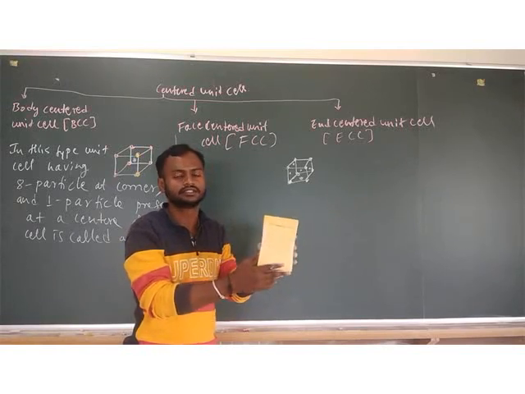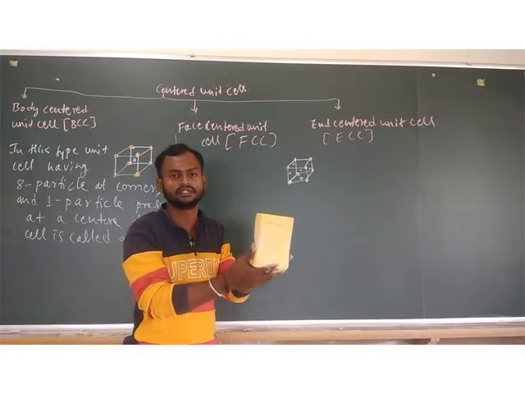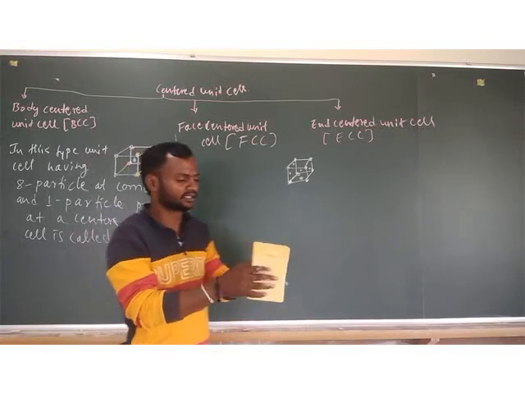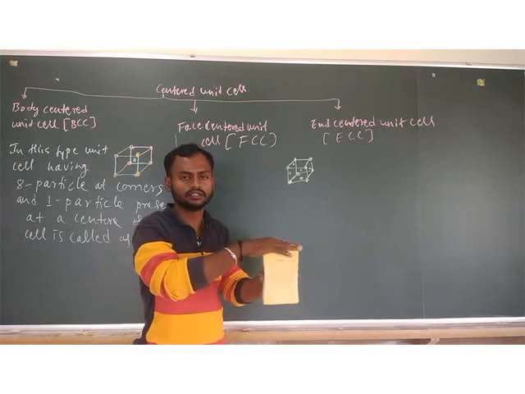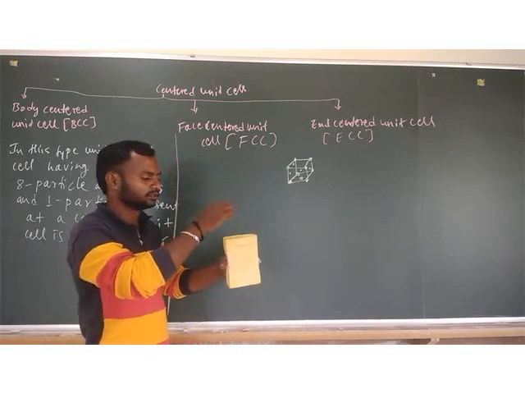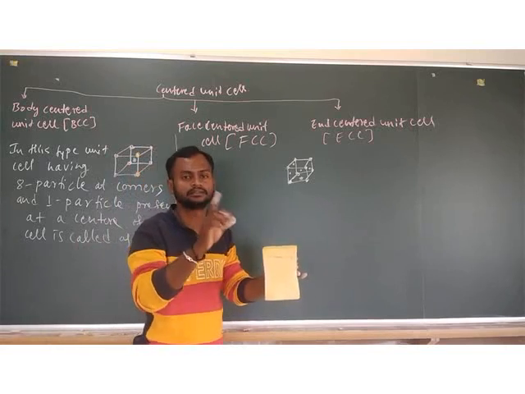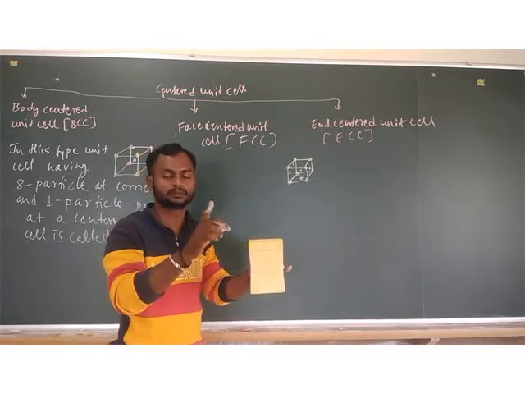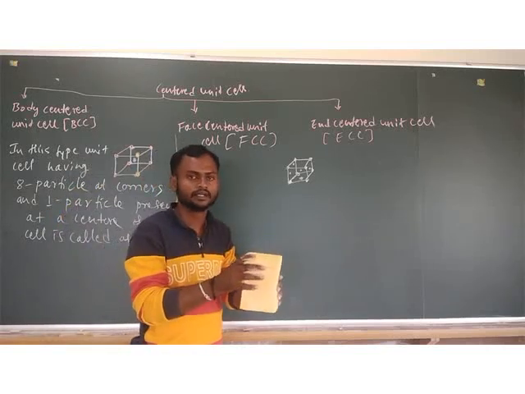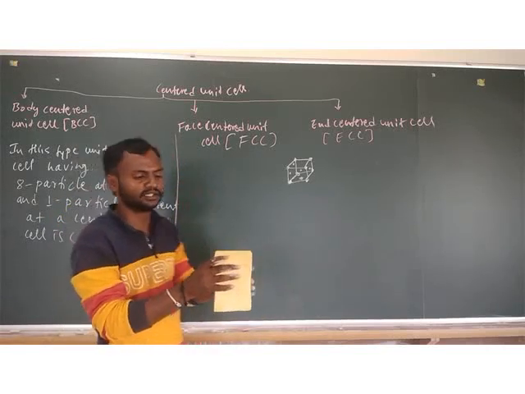So this is a simple cubic unit cell. Then the next one, body centered: 8 corner particles are also present, and along with this, inside the body one particle is present. This comes to the body centered unit cell. And the next one, the face centered unit cell.